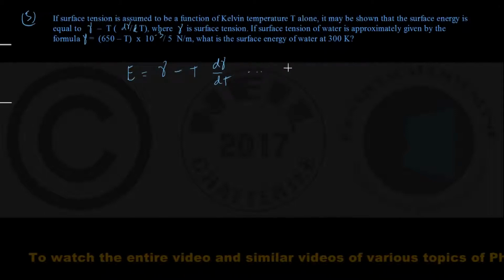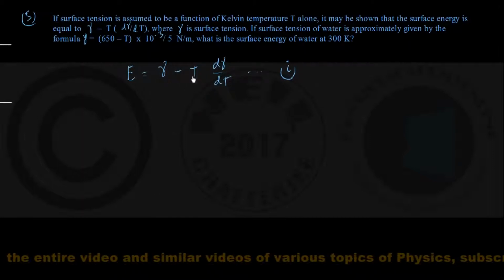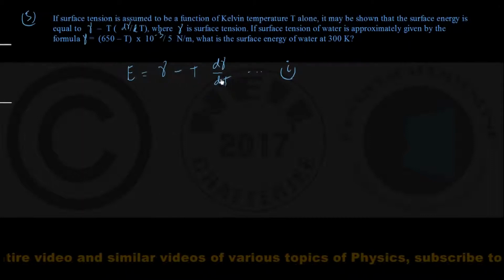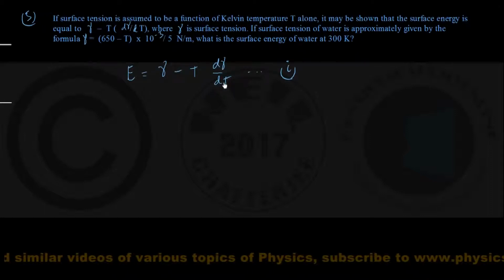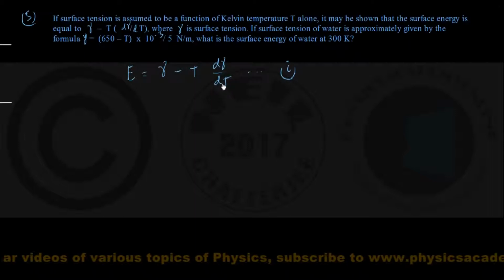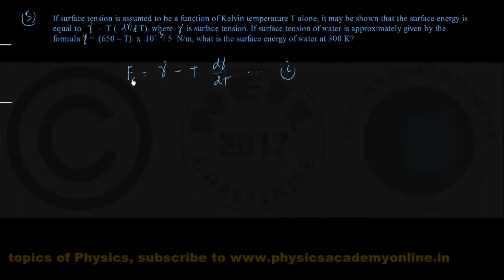That is my equation number 1. Remember, here in the expression gamma is surface tension, T is Kelvin temperature, d gamma dt is the rate of change in surface tension as a function of temperature with temperature, and E is the total surface energy per unit free surface area of a liquid.